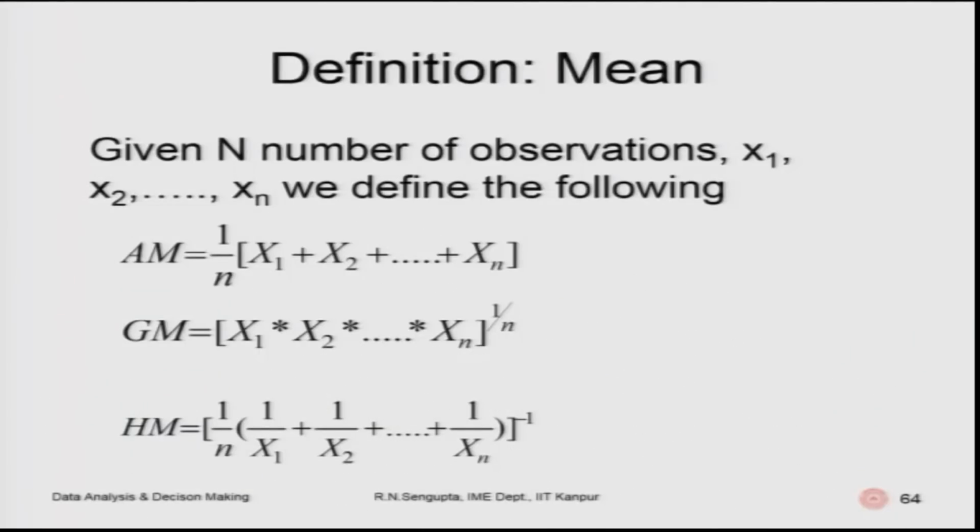Now, the geometric mean is given by the formula: x 1 into x 2 into x 3 till x n, all multiplied together, and we find the 1 nth power of that multiplied value. In the case of the harmonic mean, I find the average of the inverses of these values, starting from 1 by x 1 till 1 by x n.